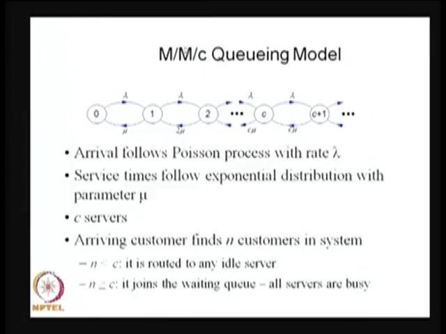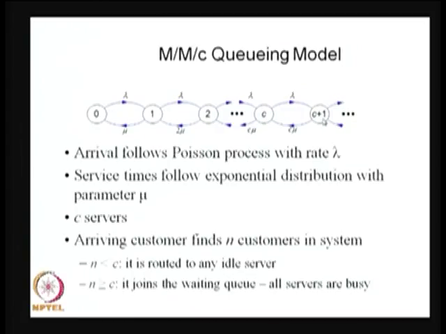Since each server is doing the service exponentially distributed with the parameter mu, and both are independent, the minimum of the 2 exponentials is also exponentially distributed with the sum of the parameters, mu plus mu, that is 2 mu. So, the rate at which the system moves from state 2 to 1 is 2 mu. Like that it keeps going till the state from C to C minus 1, since we have C servers. Whenever the system size is less than or equal to C, all the customers are under service.